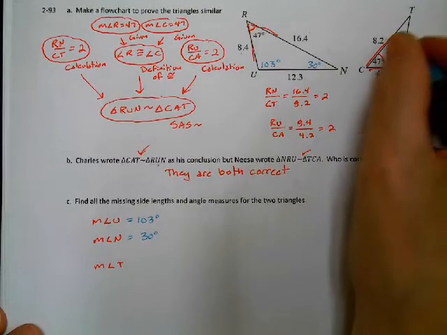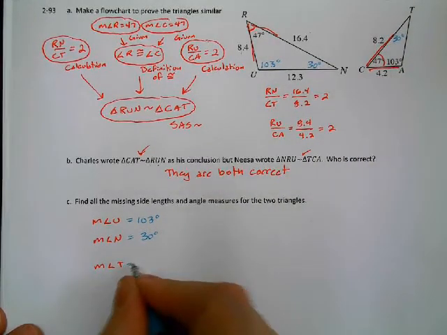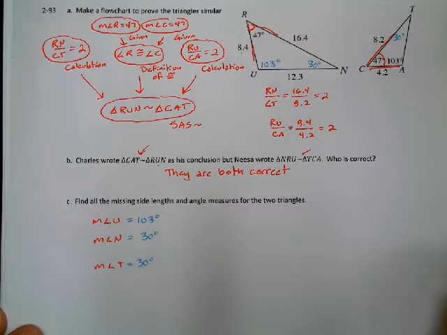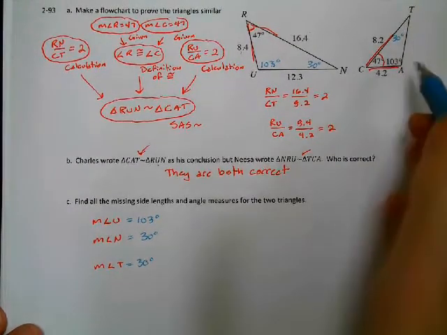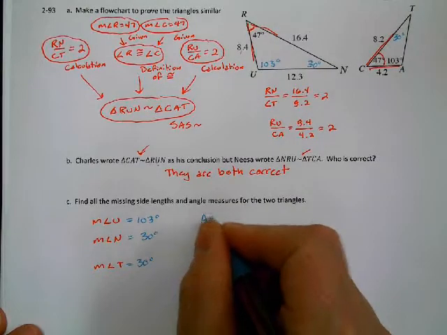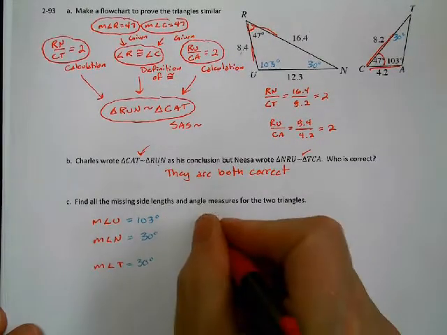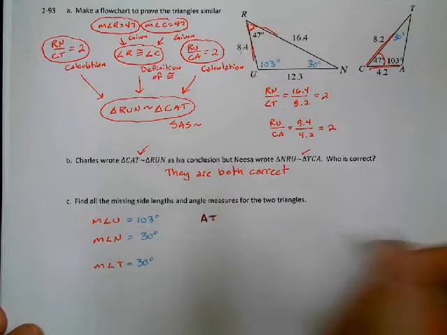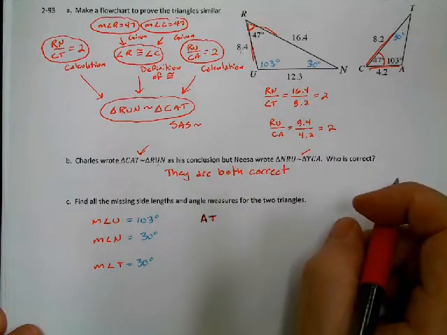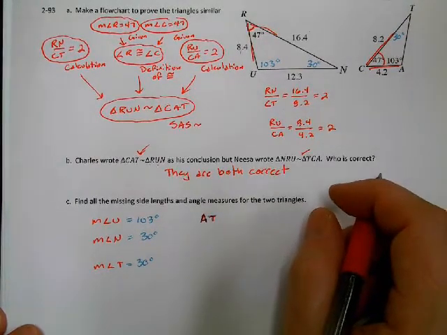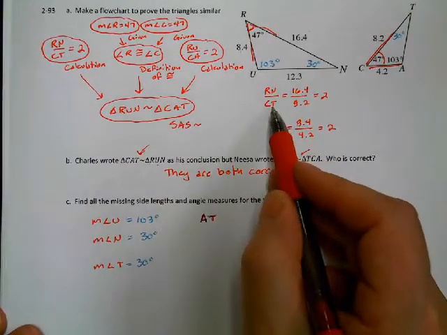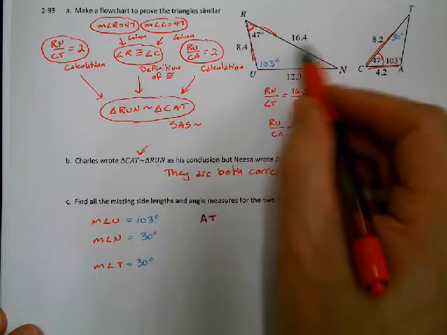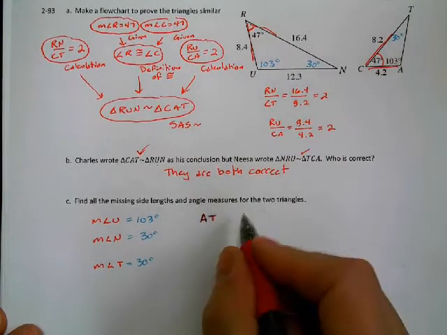All right, now the only thing we're missing is AT over here. So let's go ahead and get our scale factor. We already have a scale factor. We did RN over CT, that was the big triangle here compared to this one. And we got that 16.4 over 8.2 reduced to 2 over 1.